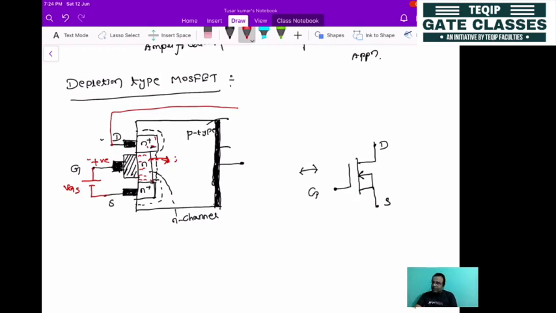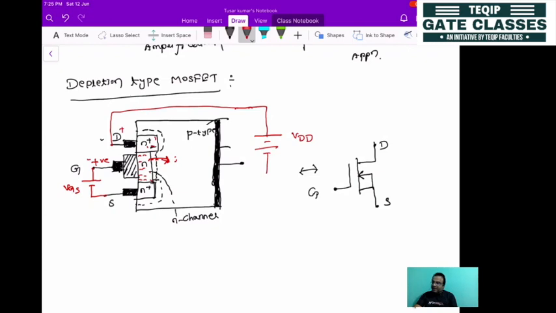There are two possibilities, you can apply a negative voltage or a positive voltage, but since you have already applied a positive gate to source voltage, you have to apply a positive voltage here. That voltage is known as VDD. This positive terminal will be connected here.